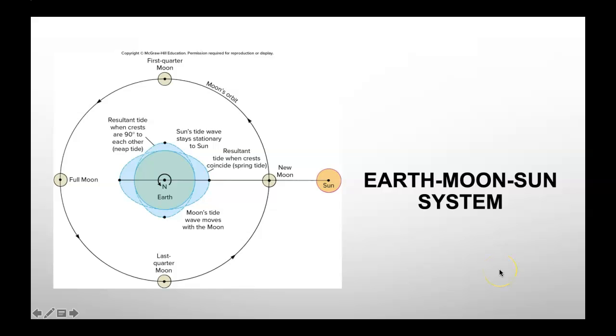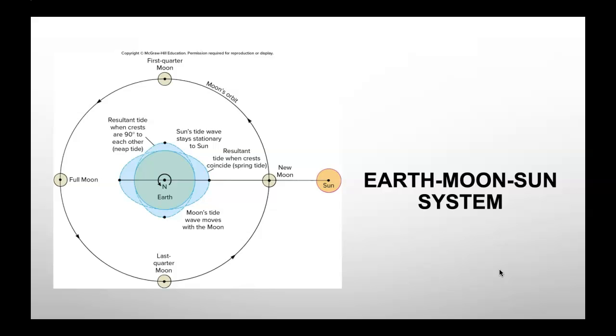We are adding in the Sun now, and the Sun is going to add to or subtract from that bulge. If the Sun, the Earth and the Moon are in a line, then the bulge gets bigger, and that is going to be the spring tide.